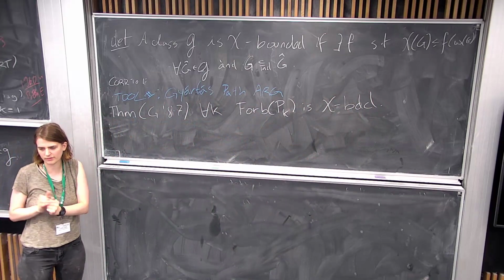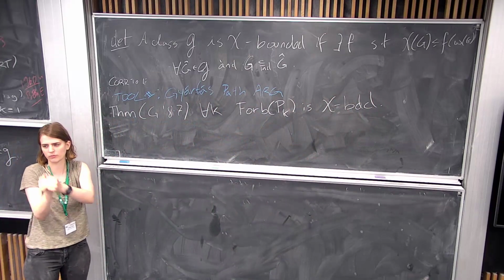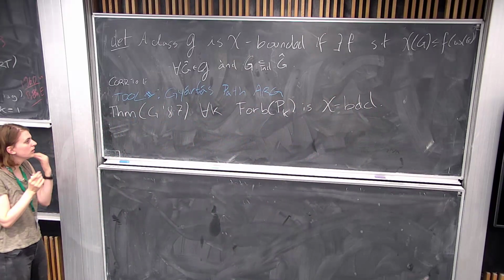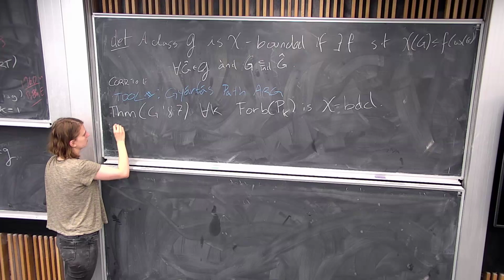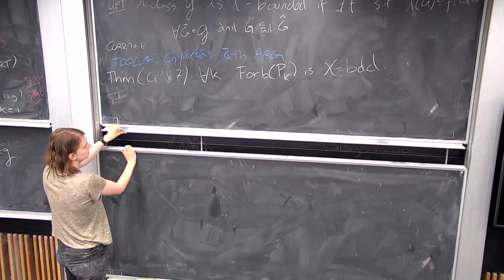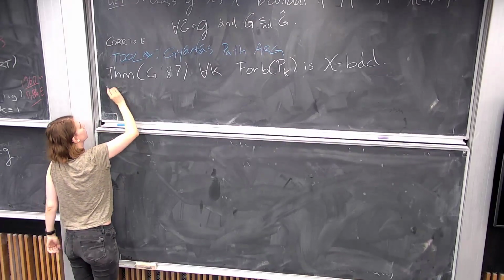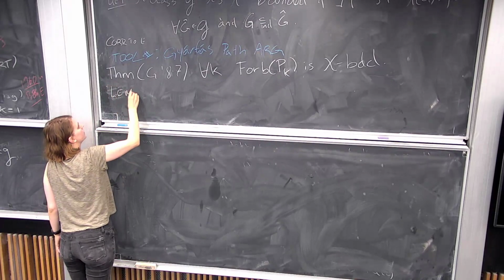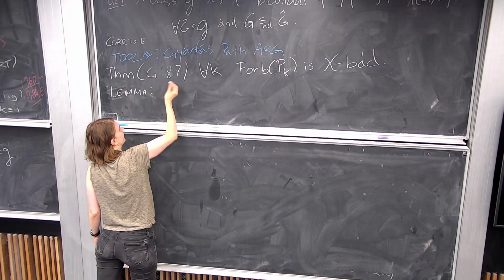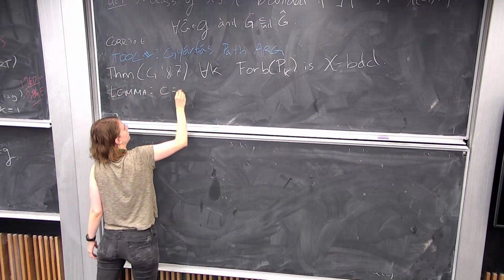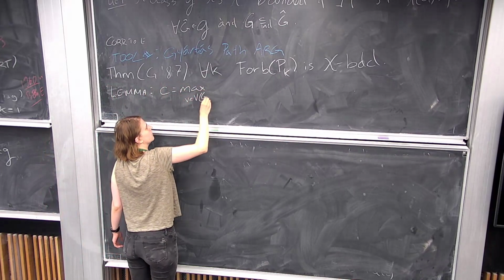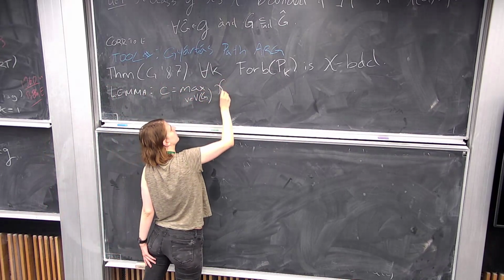that's always growing towards where the high chromatic number part of your graph is. We get a lemma: if you let G be a graph and you let C be the maximum over all V in G of chi of N(V).